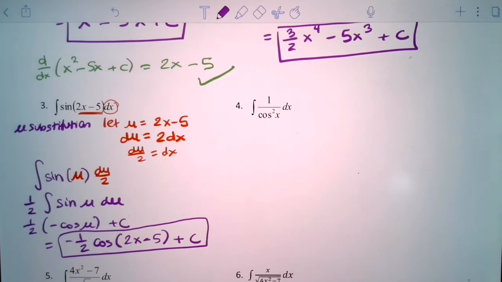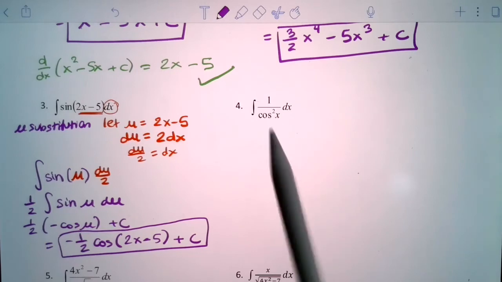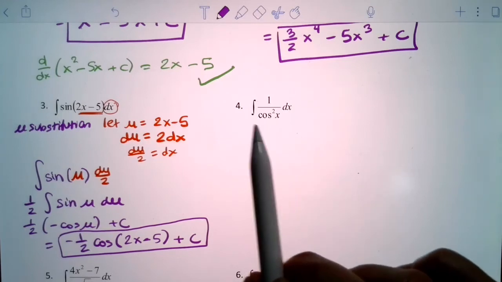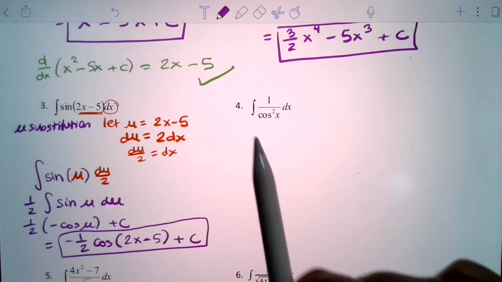Okay. On the topic of trig over here with example 4, there's no algebra that you can do necessarily on cosine squared. A U substitution is not your best guess here. What I want you to do is rethink what 1 over cosine squared is.